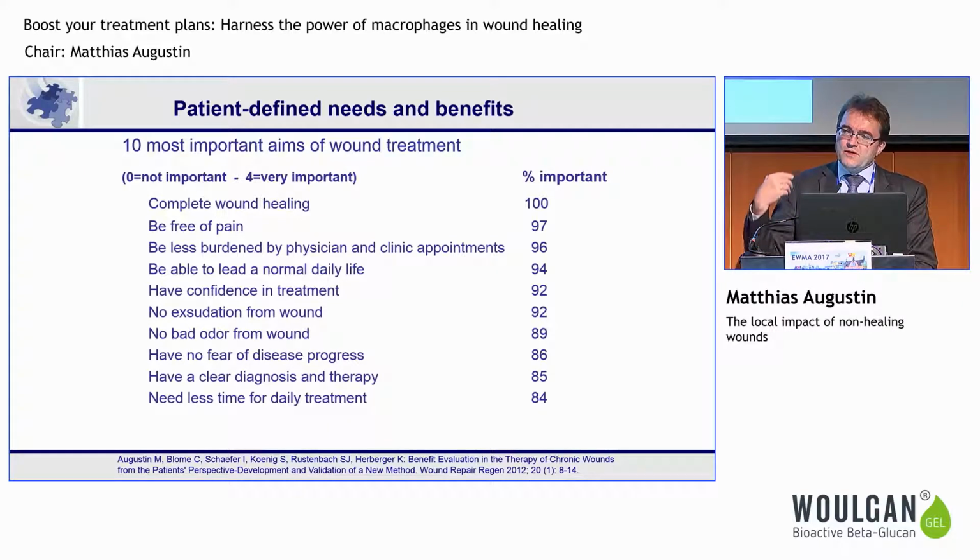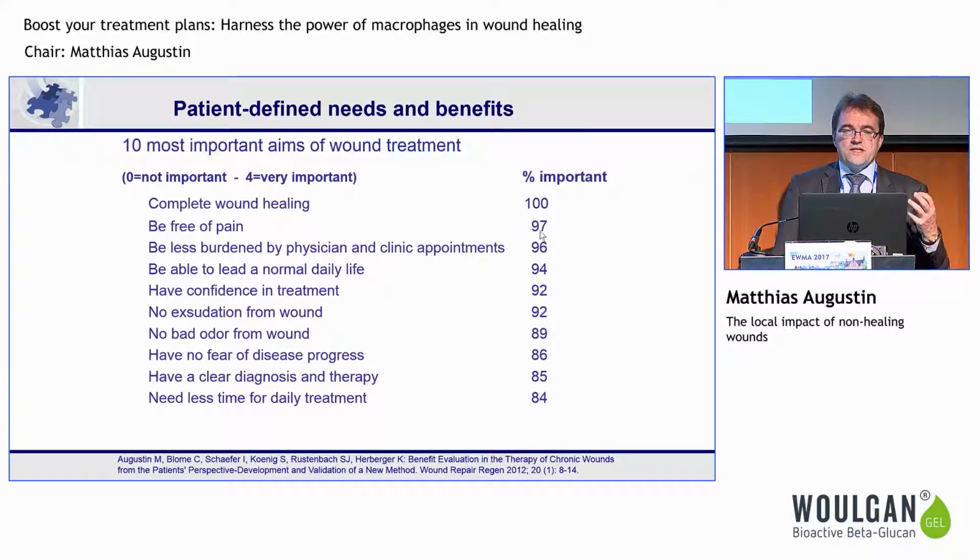And we should be realistic to also include the patient needs and the patient potential goals of treatment into our doing, knowing that complete wound healing is a very important goal, and we know this from large studies that we have done in Germany on chronic wounds.